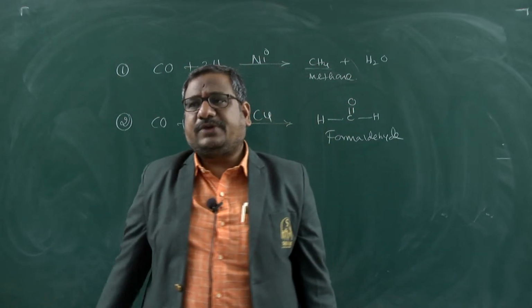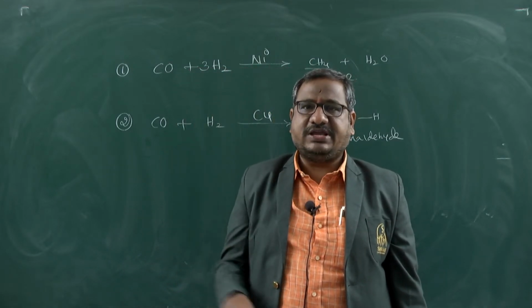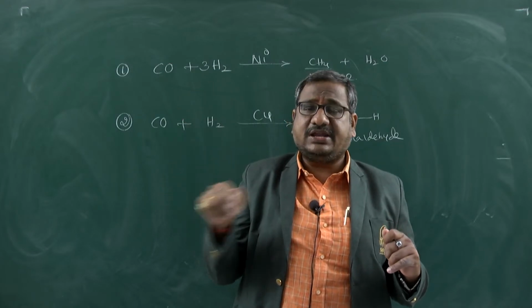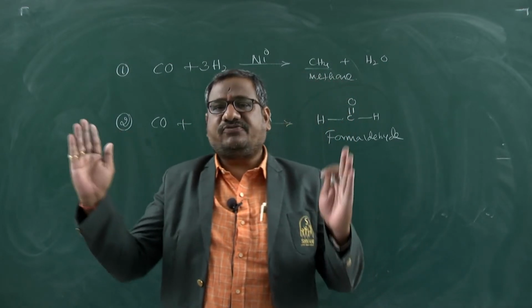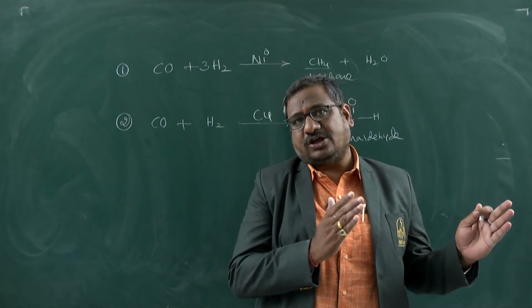Removing the proportionality sign, x by m is equal to k into c to the power of 1 by n. For pressure, x by m is equal to k into p to the power of 1 by n. In case of solutions, x by m is equal to k into c to the power of 1 by n. That is for Freundlich adsorption, which is for physical adsorption phenomena.